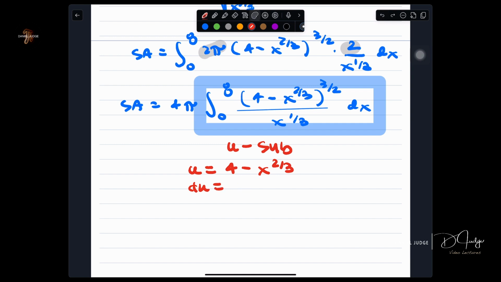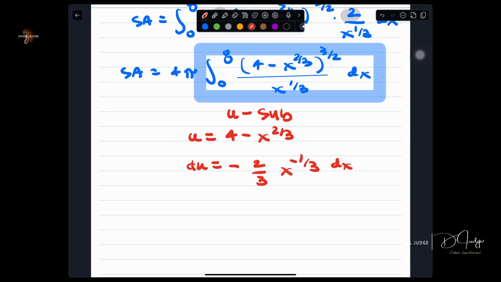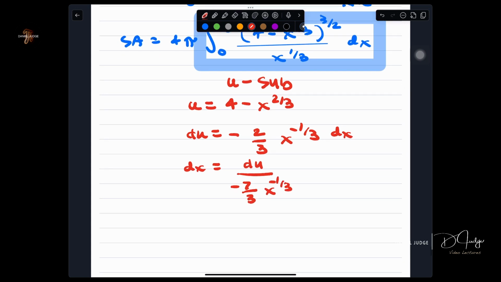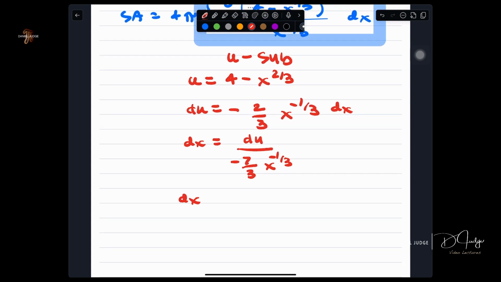It'll be negative 2/3 x to the negative 1/3 power dx. So dx will be du over negative 2/3 x to the negative 1/3 power, or dx will be negative 3/2 x to the positive 1/3 du.